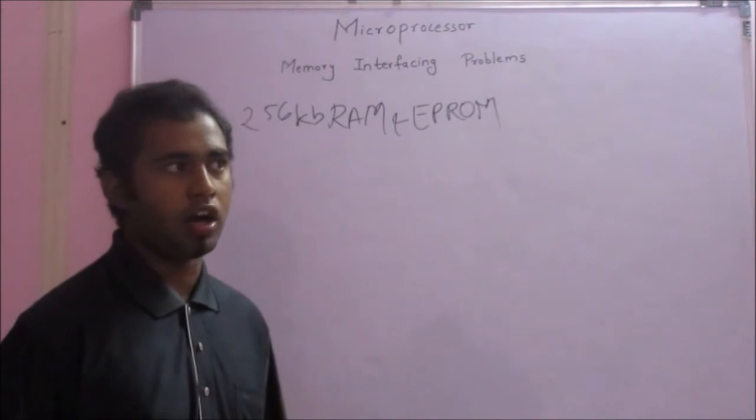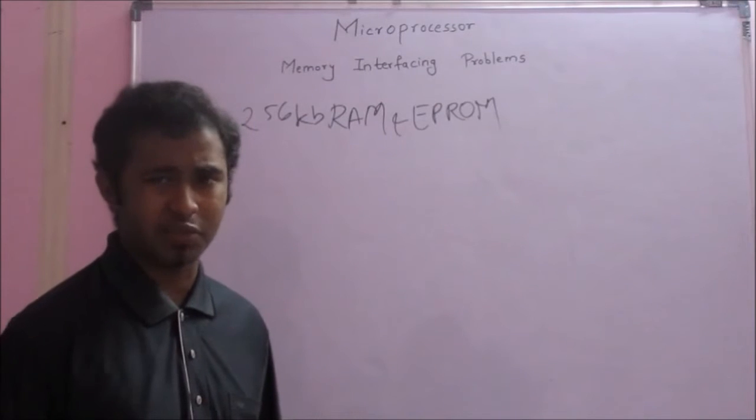As you all know, the address lines in 8086 are 20 lines.